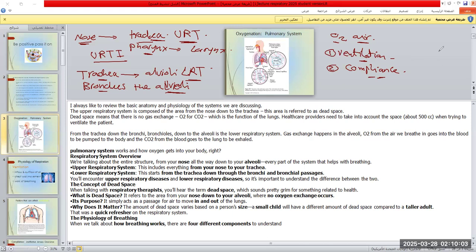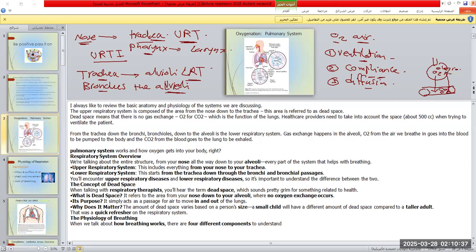So the third thing, after compliance, is diffusion. This is our alveoli, and we have blood vessels of our lungs. O2 will travel to our blood vessels, and CO2 will travel from the blood vessels to the alveoli.